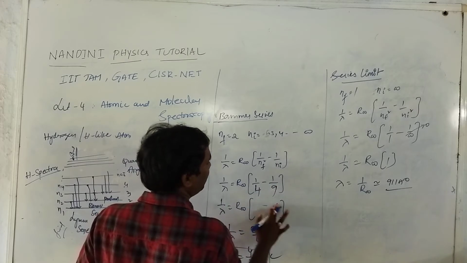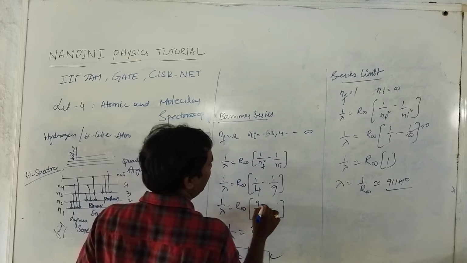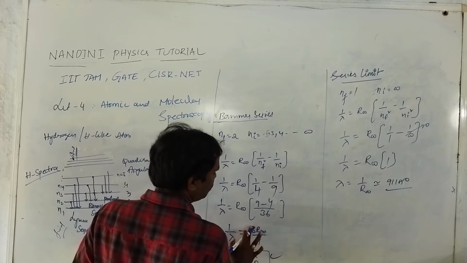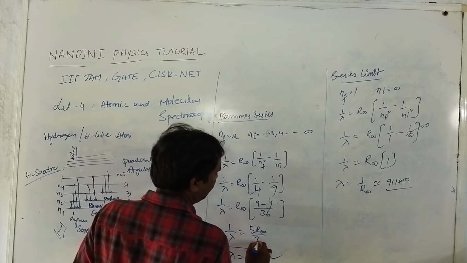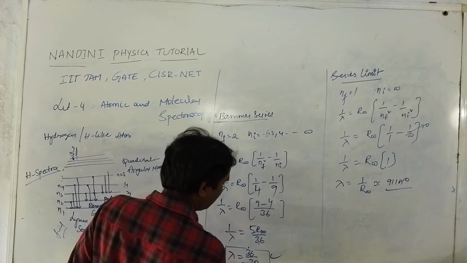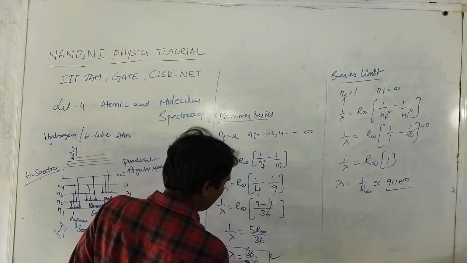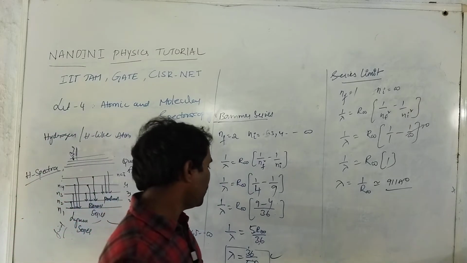If you take the LCM 36, 9 fours are 36 and 4 nines are 36, so this value is 5 divided by 36. So finally, we will get lambda equal to 36 divided by 5 R infinite.